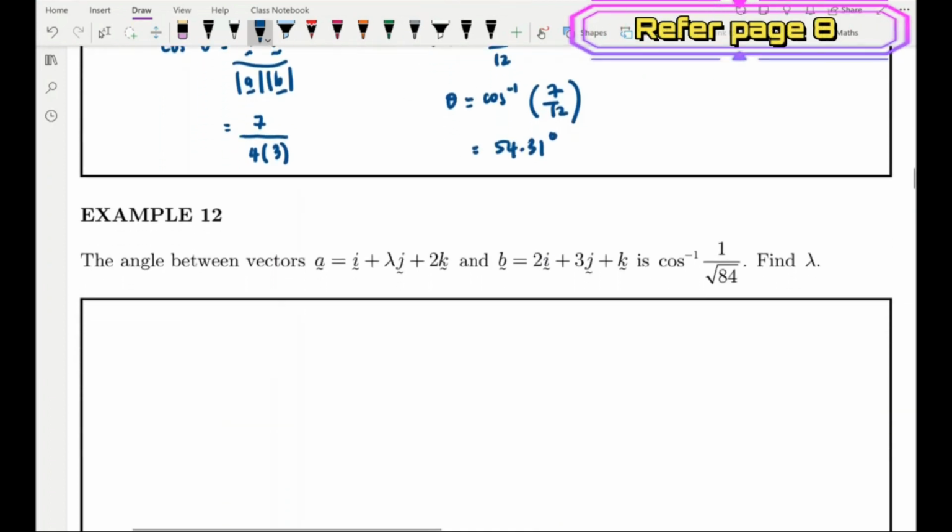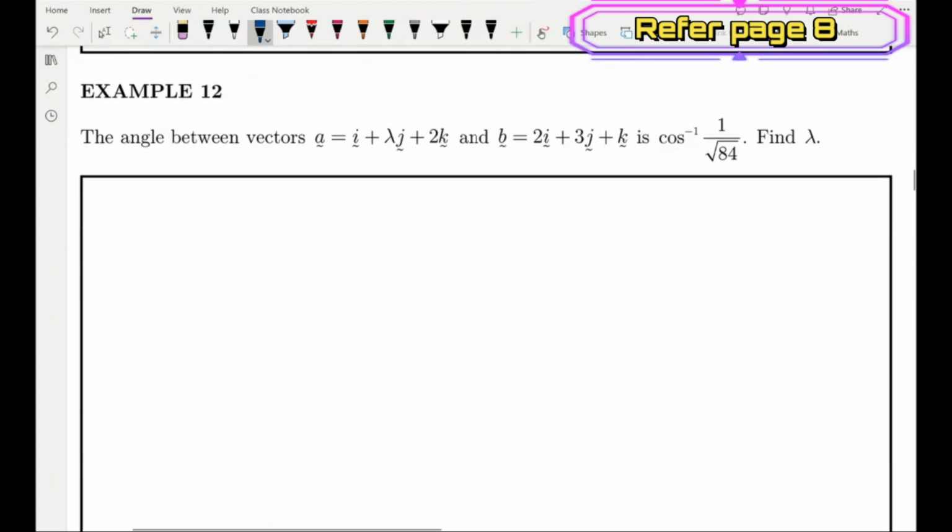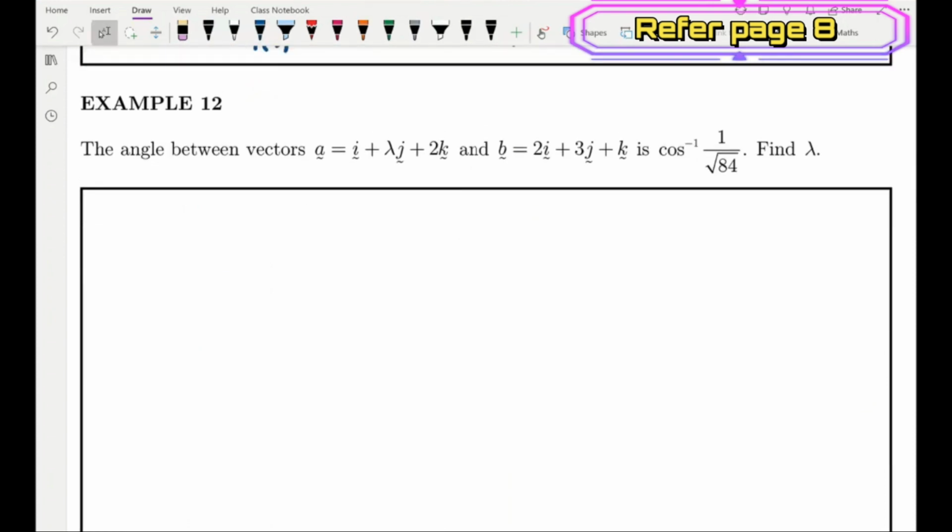Okay, next. Example 12. The angle between vectors A and B is inverse cos 1 over 84. From this question, we know that if we calculate inverse cos of 1 over 80, we get 83.74 degrees.